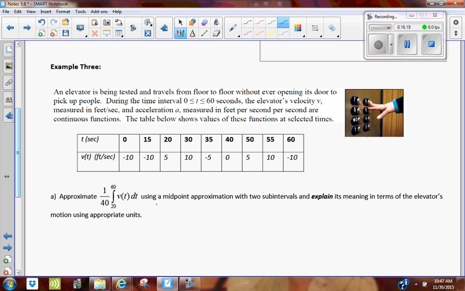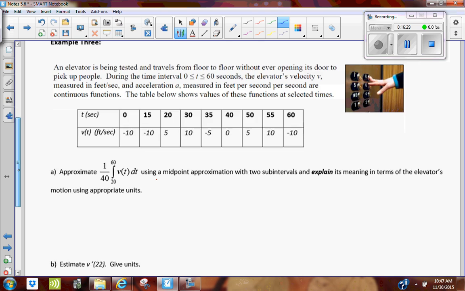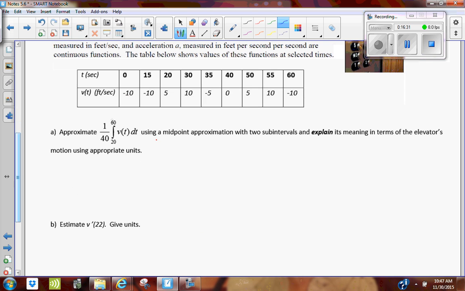The elevator's velocity is given in the table. The acceleration is in feet per second per second. The table shows values at selected times. So approximate this thing right here using a midpoint approximation, 2 subintervals, and explain the meaning.